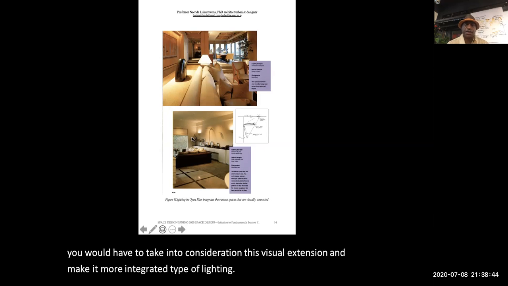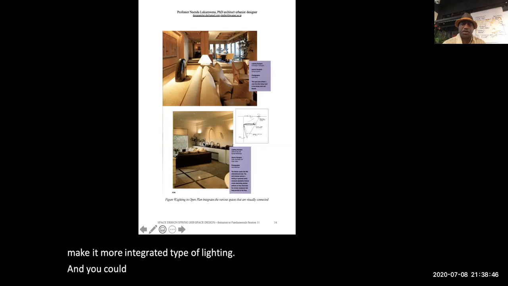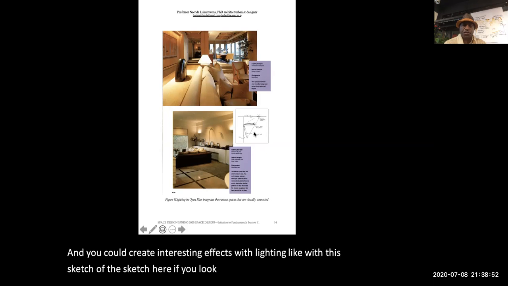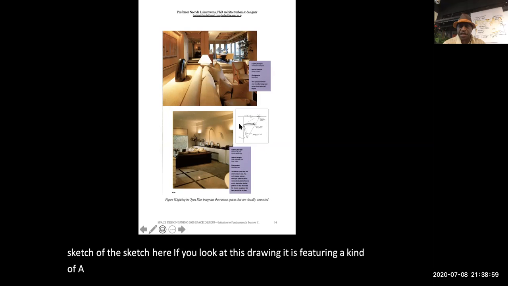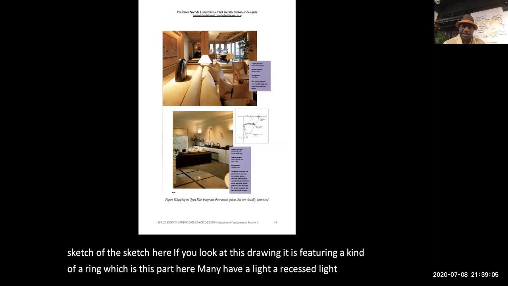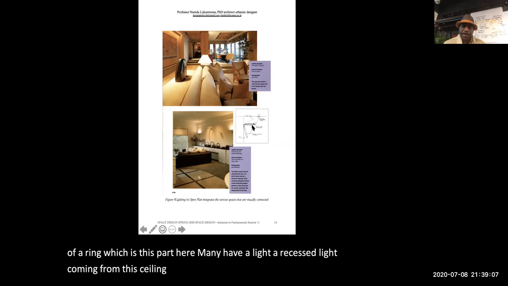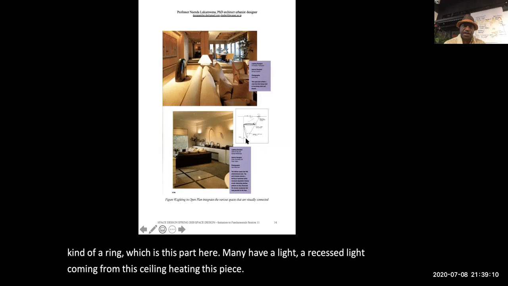You could create interesting effects with lighting, like with this sketch here. If you look at this drawing, it is featuring a kind of ring, which is this part here. Then you have a recessed light coming from the ceiling, hitting this piece and creating a pattern on the wall.